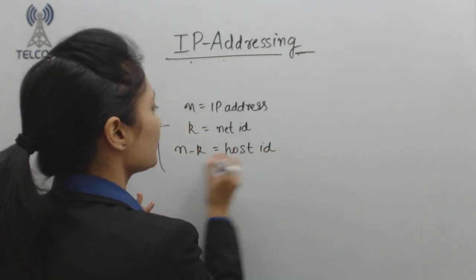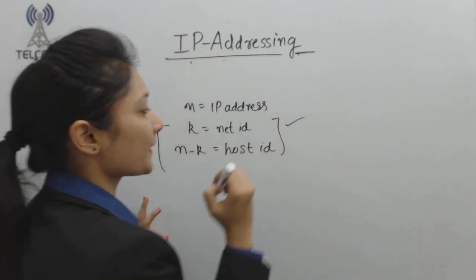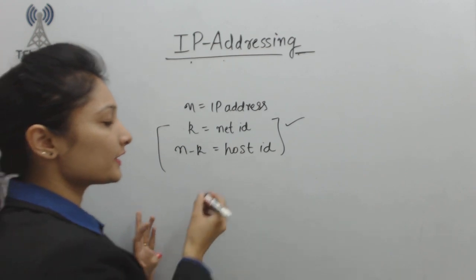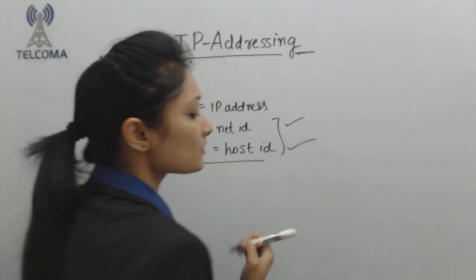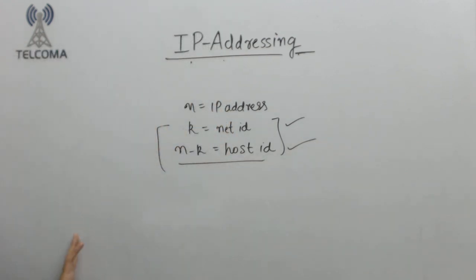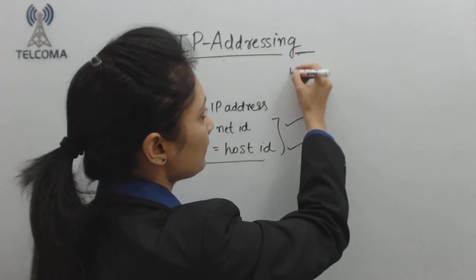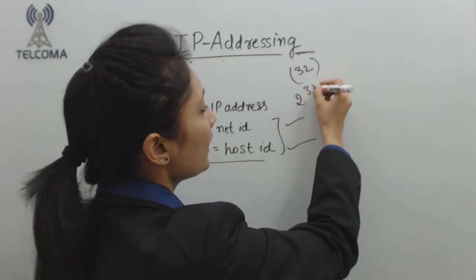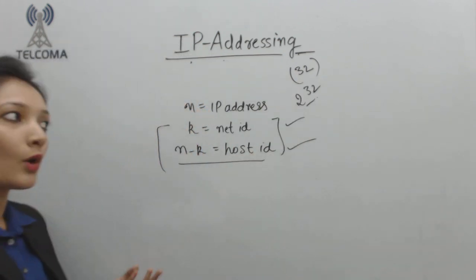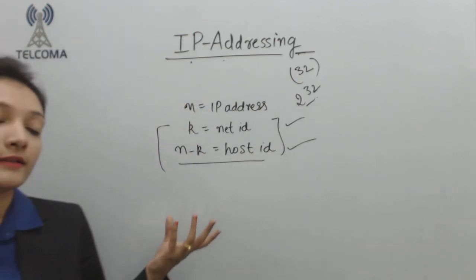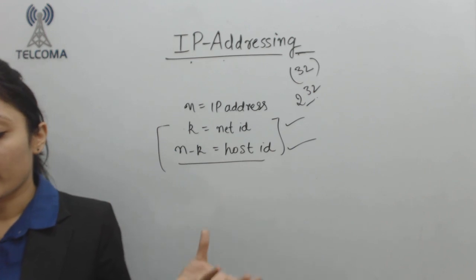That specifies the net ID, and according to that, we can say the number of hosts in that particular network. We know this is a 32-bit long address, so this is the address space, and according to that the various networks and the respective IDs will be divided.